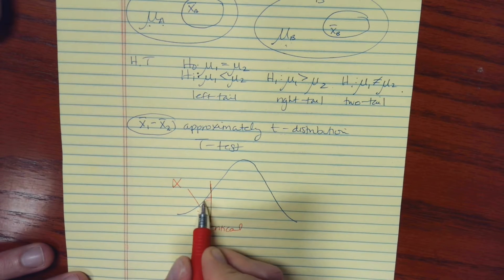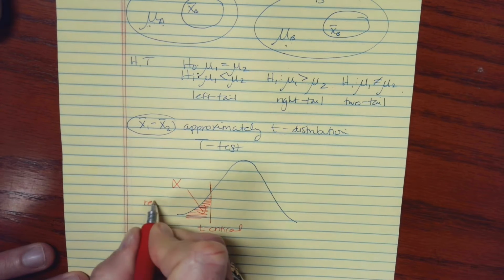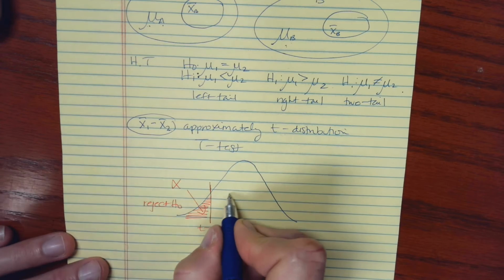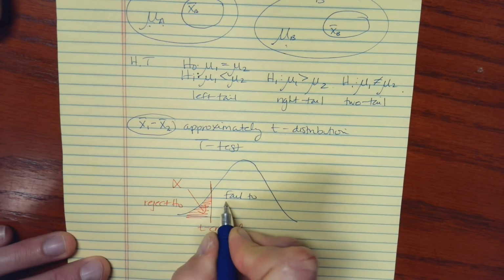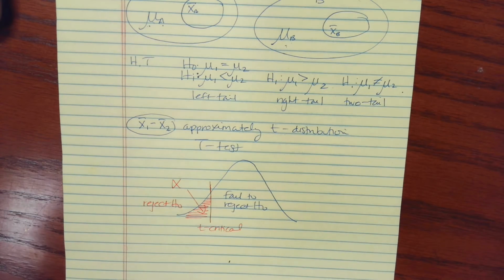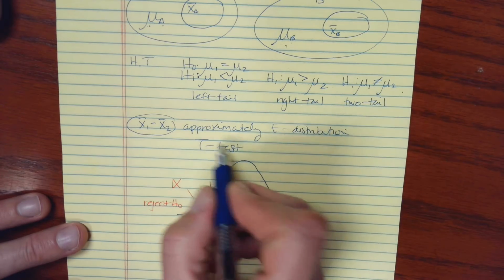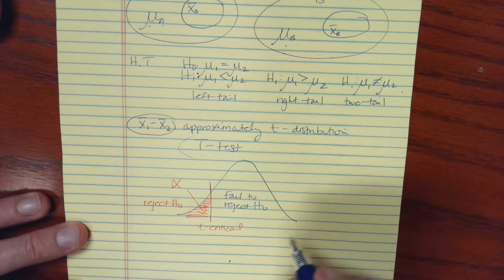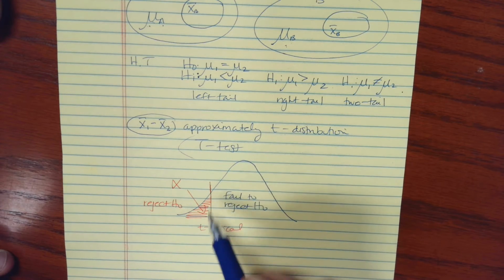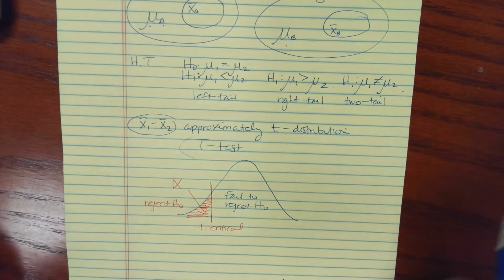So if I get a result that's in this tail, we call it the rejection region. I'll reject the null hypothesis. But if I get a result over here, I will fail to reject the null hypothesis. So that's if you're using the critical value method. Well, we would need to compare a test value to our critical value. But remember, we also have the p-value method, where you can compare a p-value just directly to your level of significance.